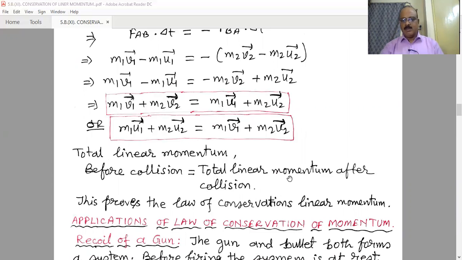This proves the law of conservation of linear momentum. That means it is one type of proof of the law of conservation of linear momentum with the help of Newton's third law of motion. Also, from the concept of the impulse momentum theorem, we can prove it. The total linear momentum of the system is equal before and after the interactions, after the collisions.